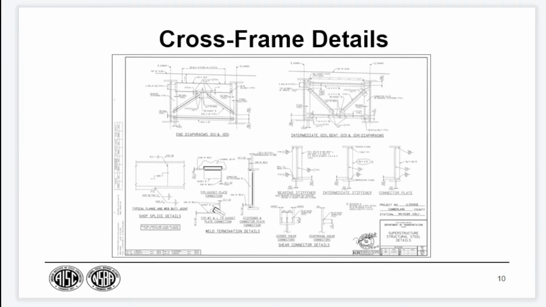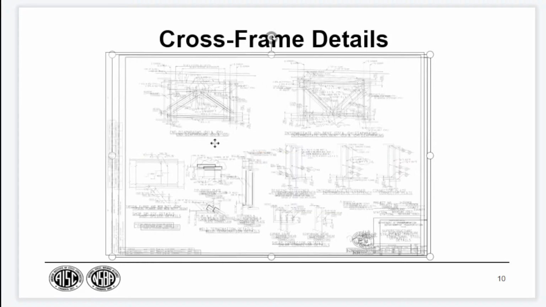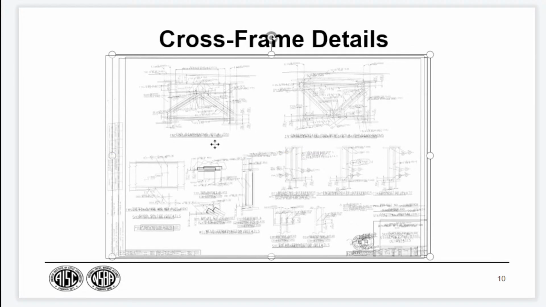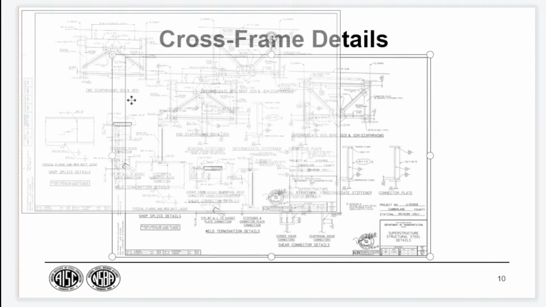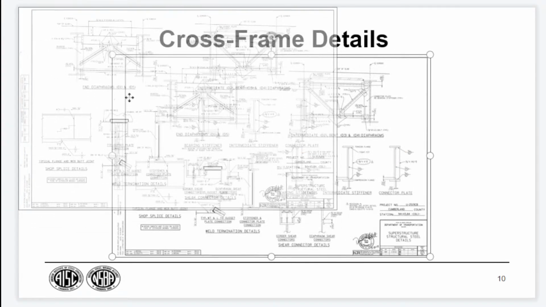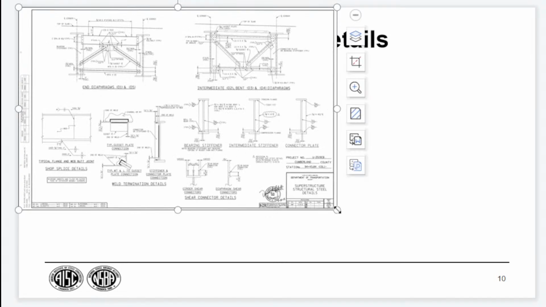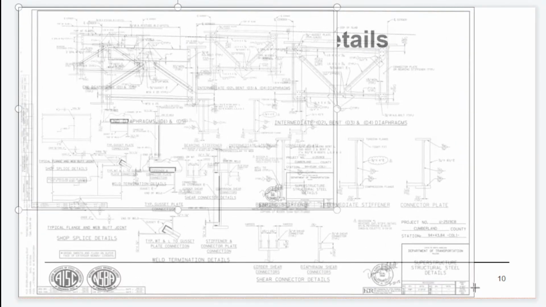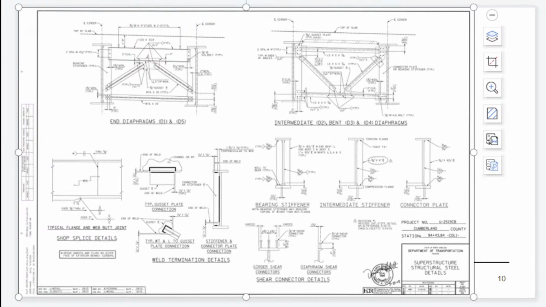Now number 5, contents requirement of the engineering plan for the bridge design. We have cross frame details. How do we connect the cross frames? This is how you connect the cross frames. We have end diaphragms and intermediate diaphragms.